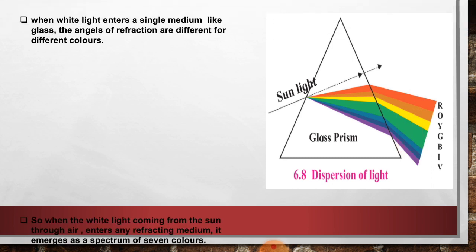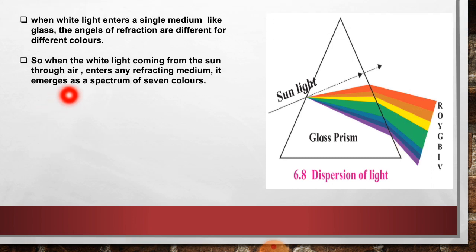So when the white light comes from the sun through air, everywhere is air, and enters any refracting medium, here the refracting medium is what? Glass prism.